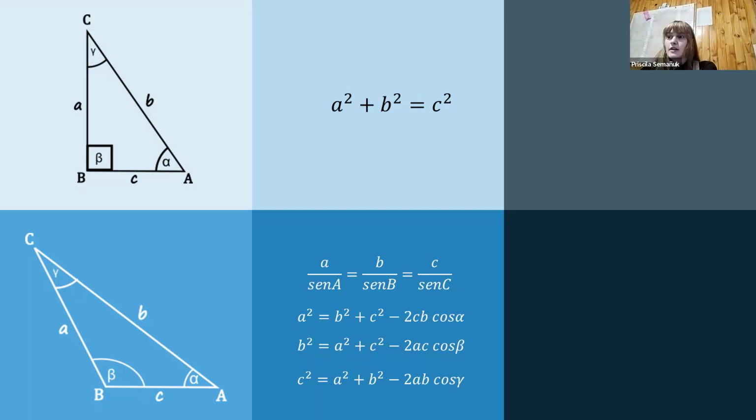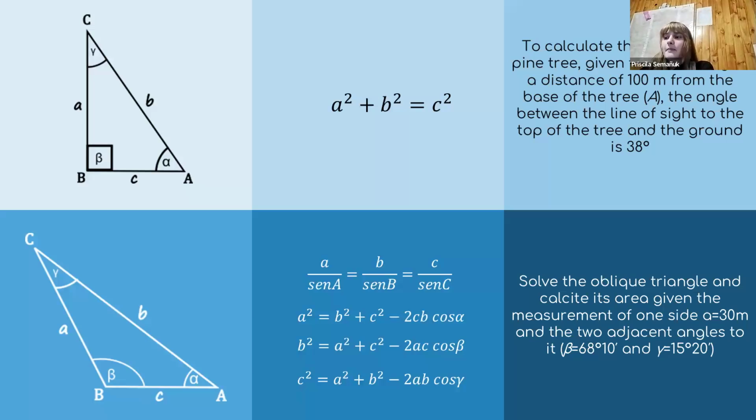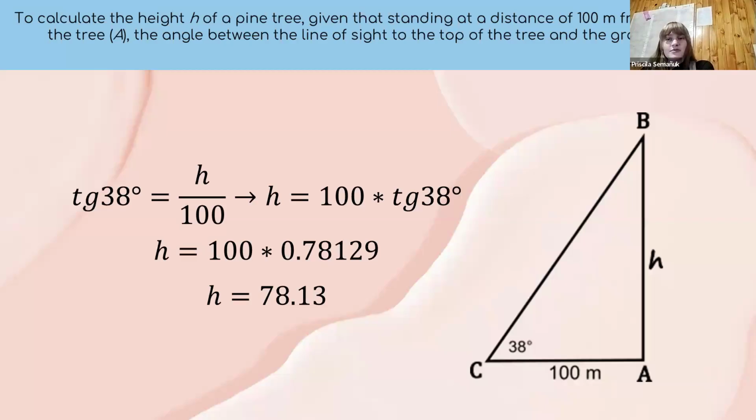The sine theorem is a over sine of A equals b over sine of B equals c over sine of C. And in the bottom is the cosine theorem. I wrote "sen" because in Spanish it is seno, so I forgot that it's sine in English, sorry. But it's the same. And here I have two problems. We're going to go through each one of them.